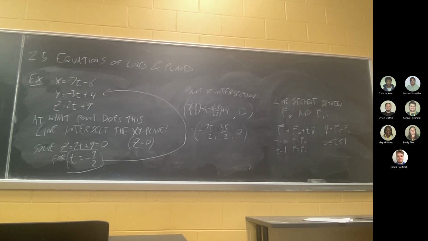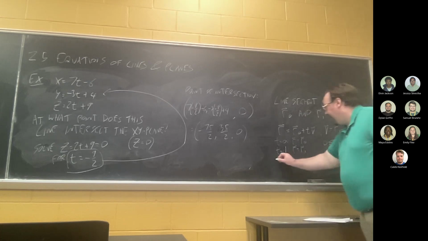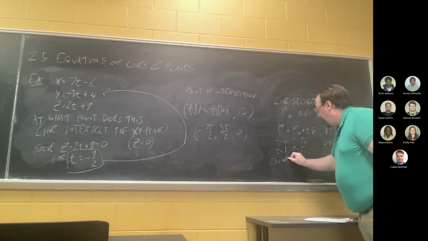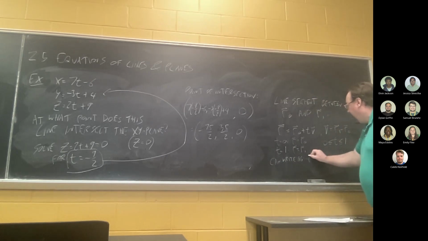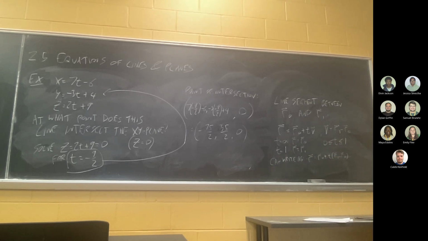Now, if I substitute this V into here, there's another way of writing this vector equation. So R is equal to R0 plus t times R1 minus R0, but then we're going to rearrange the terms so that all the R naught terms are together and all the R1 terms are together.